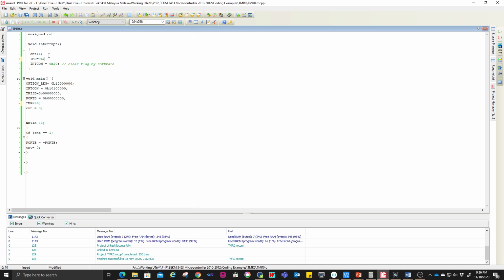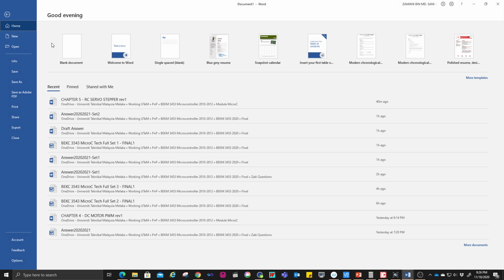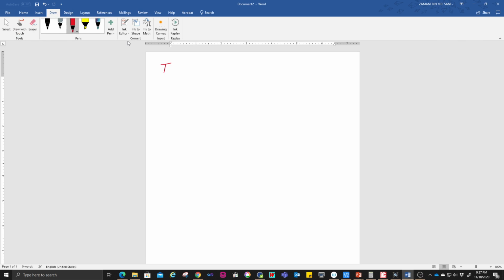So now remember that once it reaches 255 and completes, it will go back to 0. That is the case when the overflow happens, right? So now, let's try this one. Your timer 0 is not starting from 0 anymore. Timer 0 now is starting from 96.